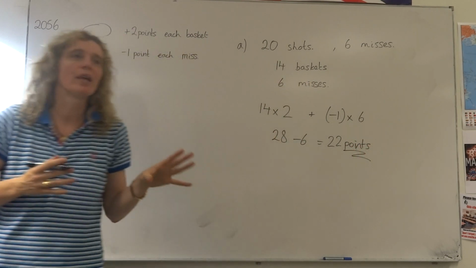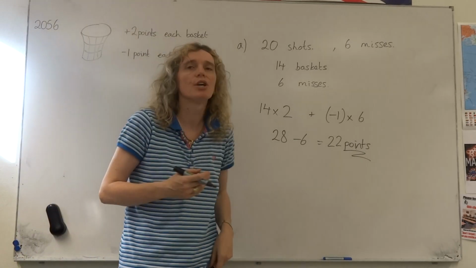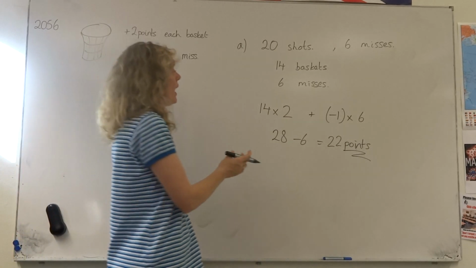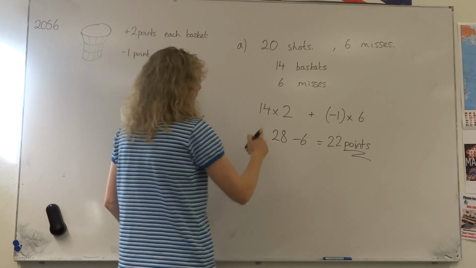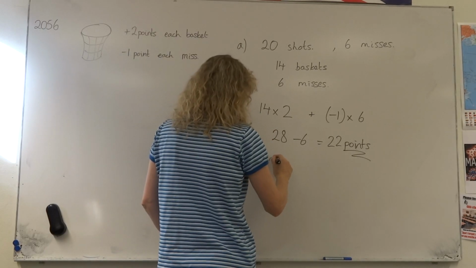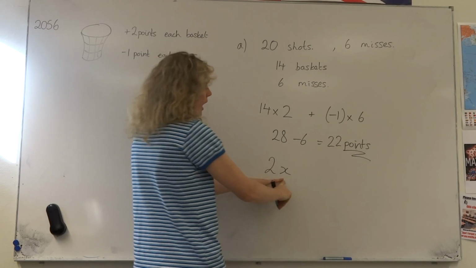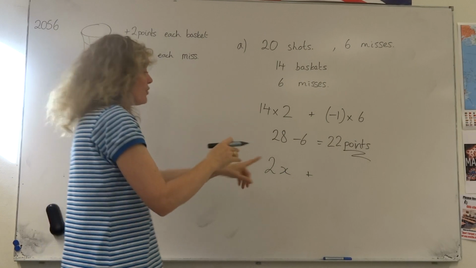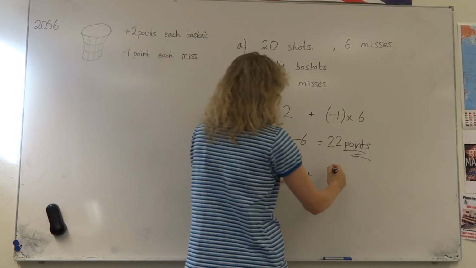And I'm sure all of you get that. But what could we have done instead to put it in terms of x? If we hadn't known how many hits she got, we could have said that the number of hits would give her 2 points. If she's shooting 20 baskets, if she hits x baskets, how many would she miss?